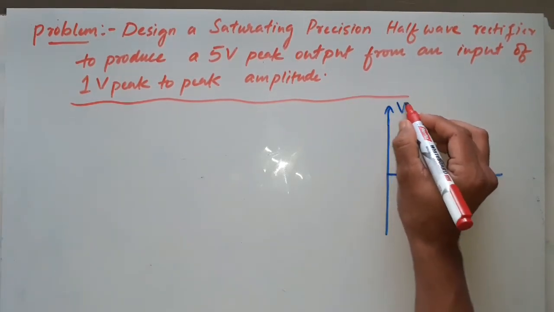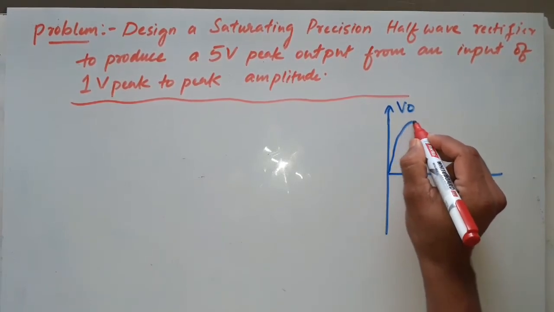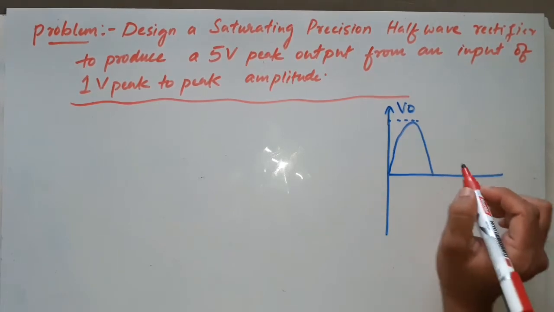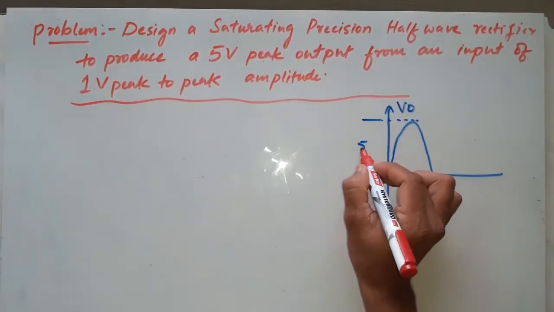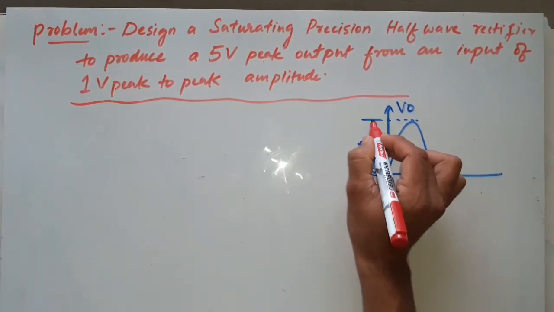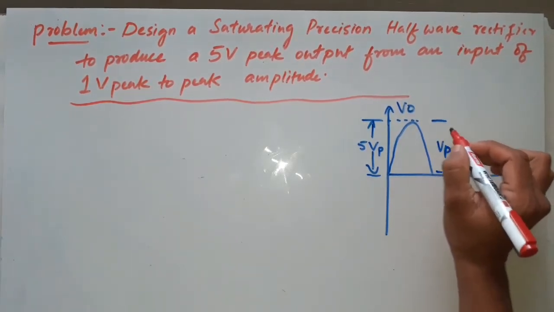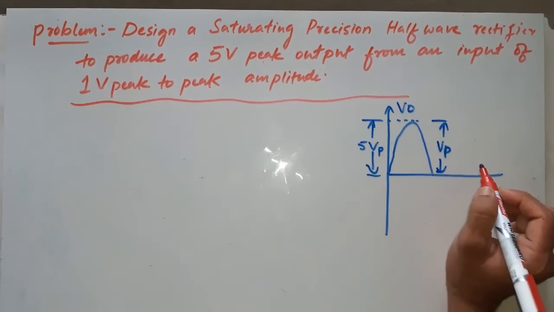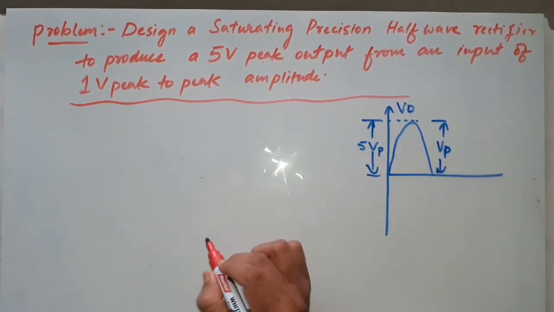If this is your V0, it should be capable of producing 5 volt peak output, means from here to here it should be 5 volts. We call it Vp, the peak voltage. So this is given to us as 5 volts.